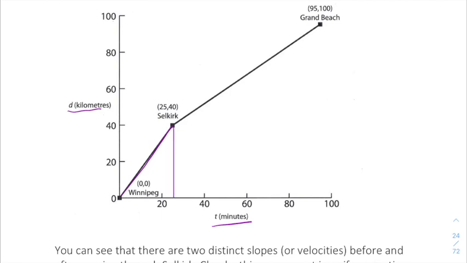With this slope, the change in time is equal to 25 minutes, and the change in displacement is equal to 40 kilometers. I guess this is a distance. It doesn't tell us what direction it's moving, so let's just assume it's distance.